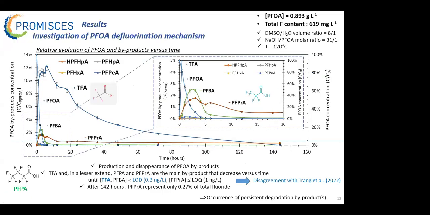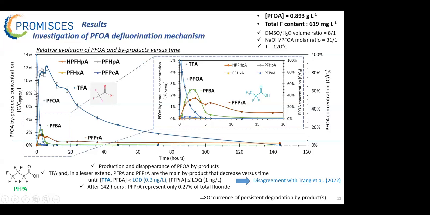And here are represented the relative evolution of PFOA and the byproducts versus time. So these are the products that we are able to analyze at the laboratory. And what you see is that there is production and disappearance of PFOA byproducts.